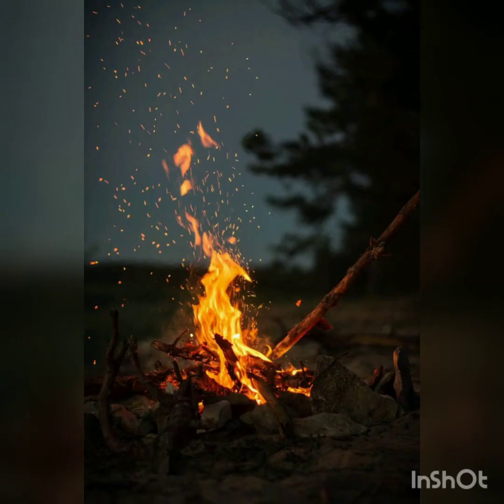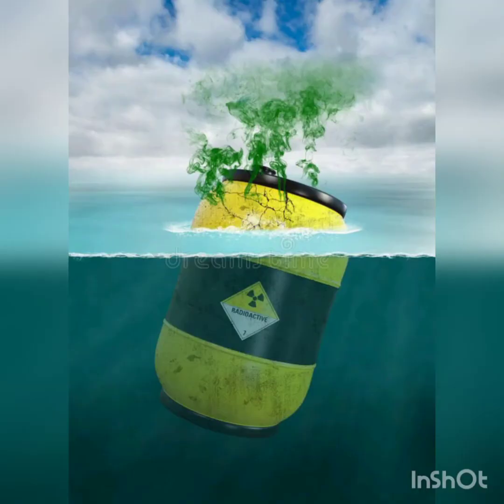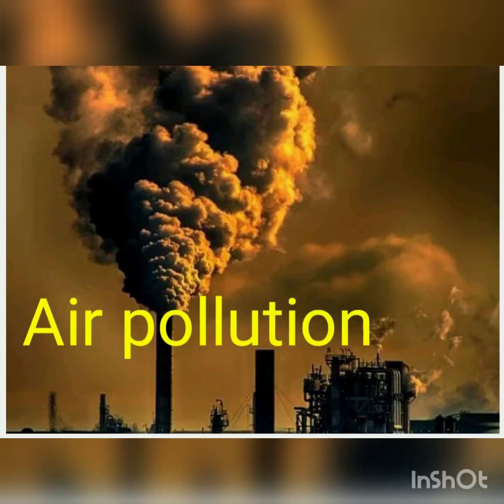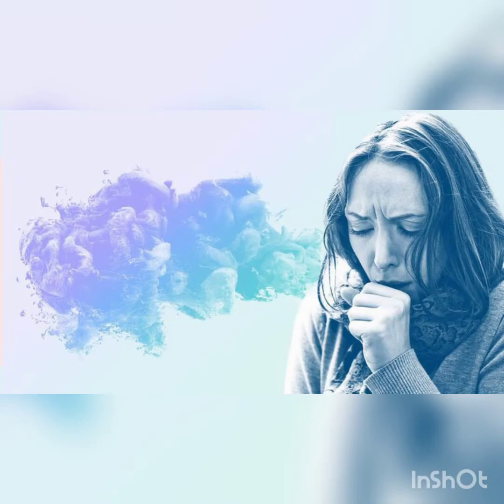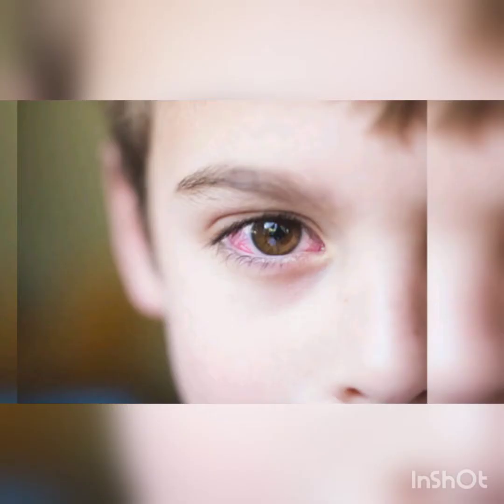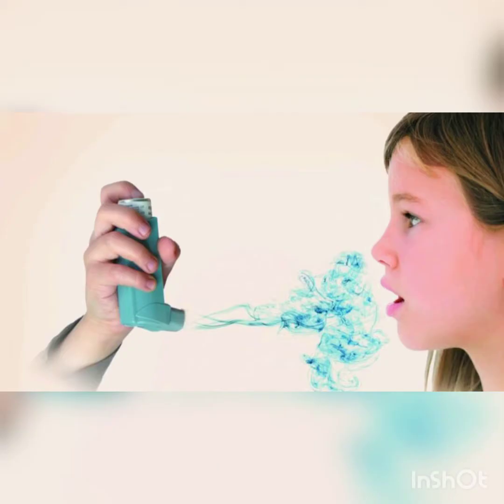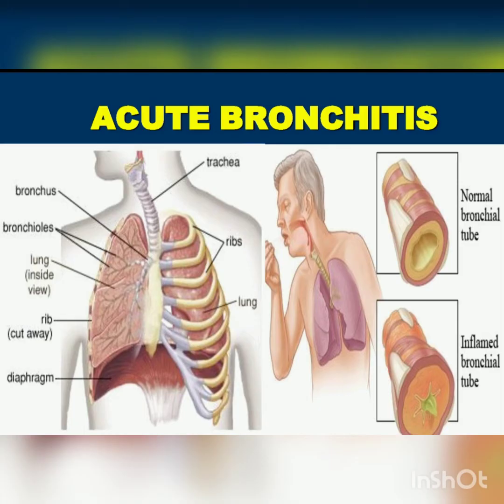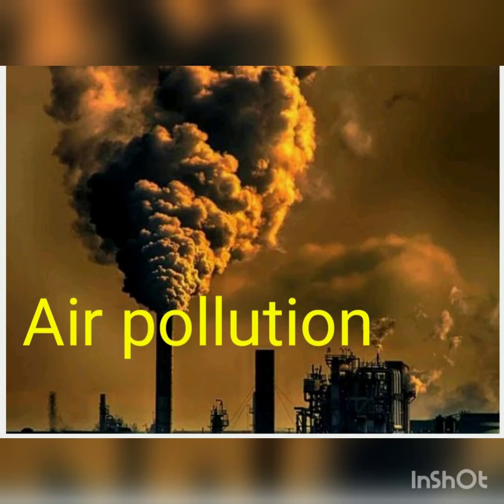And the last one is radioactive emissions. Air pollution causes cough, nausea, eye irritation, and diseases like asthma and bronchitis. So these are some of the causes of air pollution and the sources of air pollution.